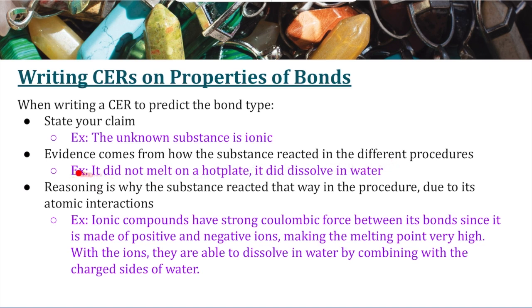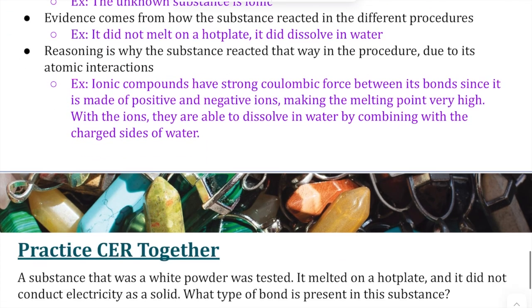So this is going to be observations from lab when we're testing the different properties of our types of bonds. And then our reasoning is going to be relating that to our atomic structure. So feel free to read through that a little bit more, but let's do one together.